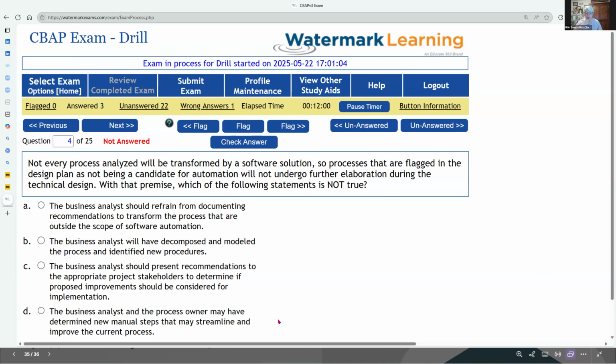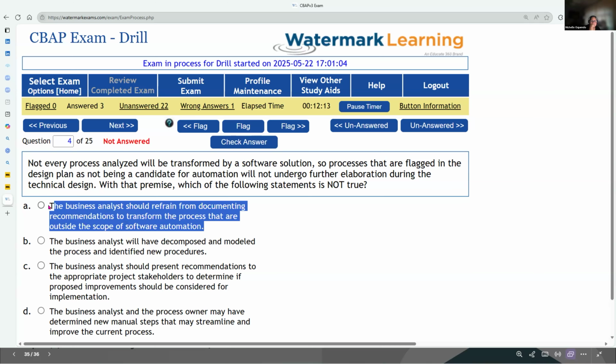Meaning 3 are true. Can we talk about what is true? A sounds to be true according to the BABOK. Everybody agree A is true? Well, according to the scenario. Okay. How about B?